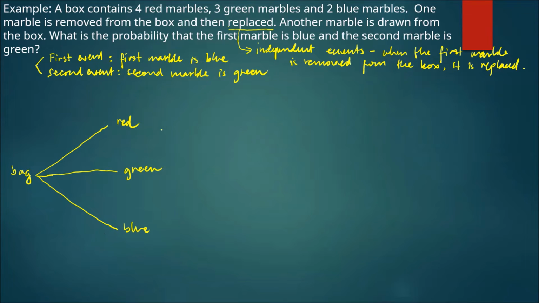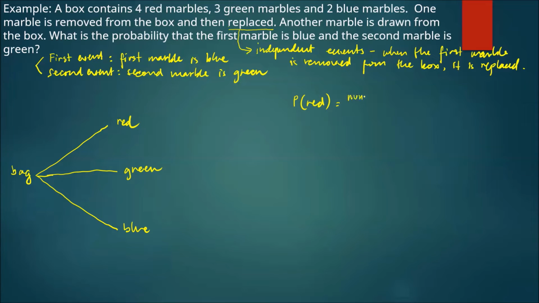Okay, now let us find the probability of getting these different colors. So what is the probability of getting a red marble? Again, how do we get the probability of an event?